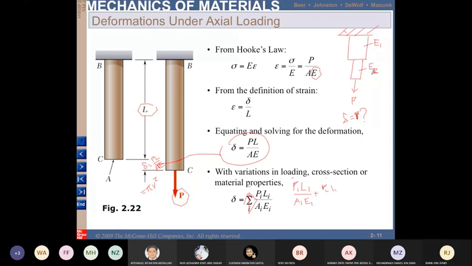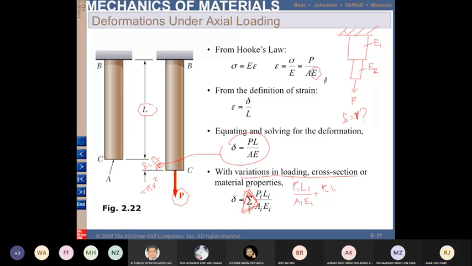Faham tak? So that is why you have this symbol for this equation, when you have variation in loading or cross section or material, or it is made of different materials. Faham tak? I is the number of variation.